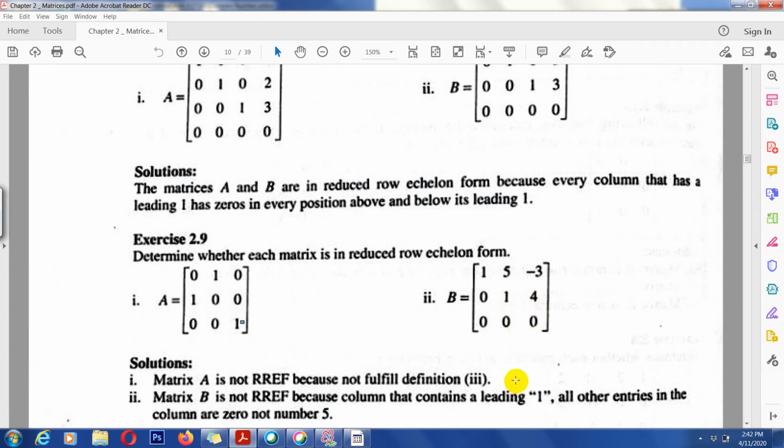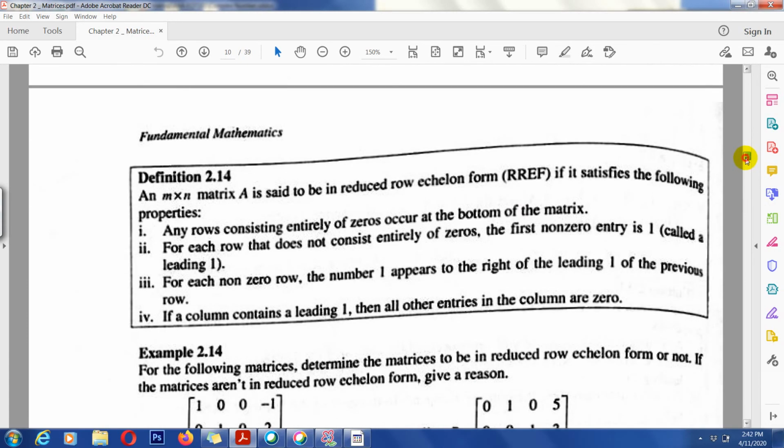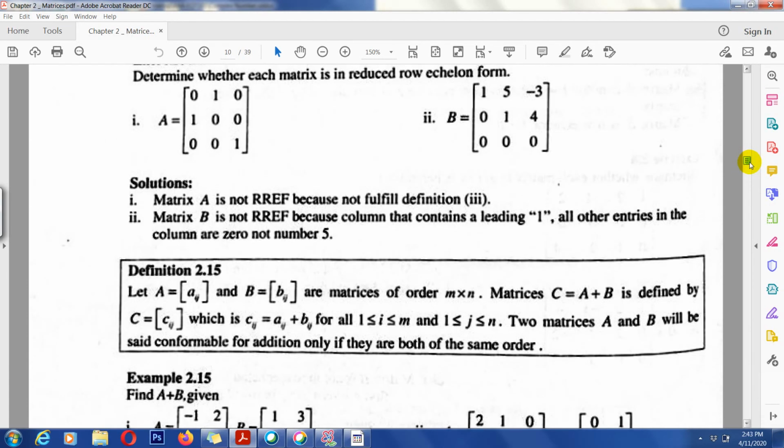Sorry, it is also not, because all other entries in the column should be 0, not the number 5. It should be 0 here. If the column contains a leading 1, then the other entries in the column should be 0. The elements above should be 0.